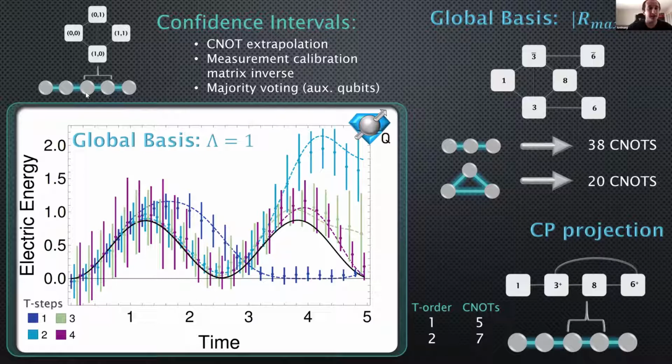But if there was noise that flipped one of these qubits in the measuring process, say this one got flipped, we'd have a 1, 0, 1. But we know that the result should be a 1 because this qubit was in the 1 state and this qubit was measured to be in the 1 state. So in a sense, we're having the qubits vote on what the value of this qubit should be.